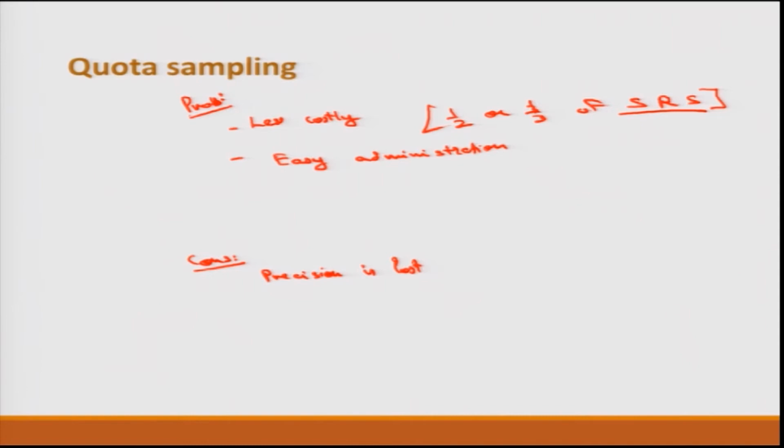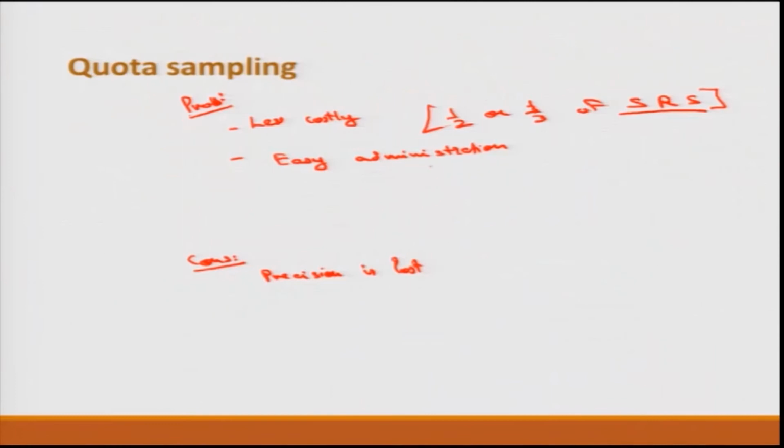The labor of random selection is avoided, and so the headache of non-contact or callbacks, all those things are avoided here. So, administration or conducting the study is easy here. If the field work has to be done quickly, perhaps to reduce memory errors, quota sampling may be the only possibility.